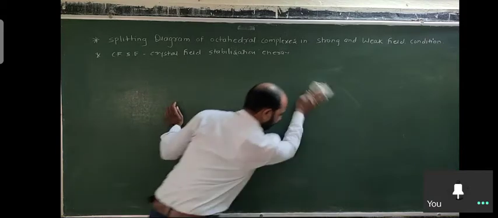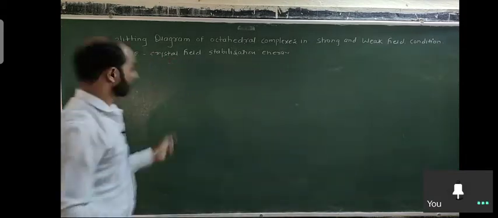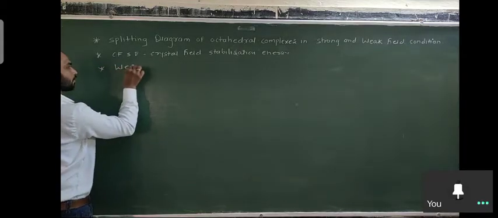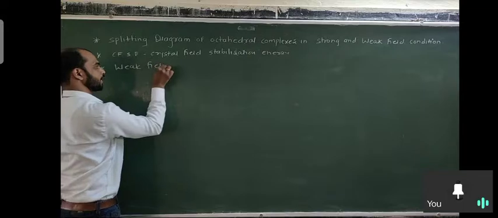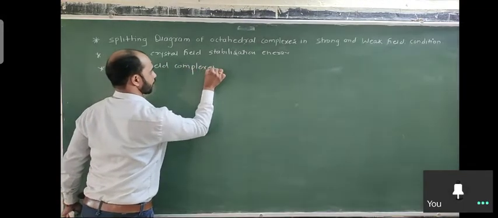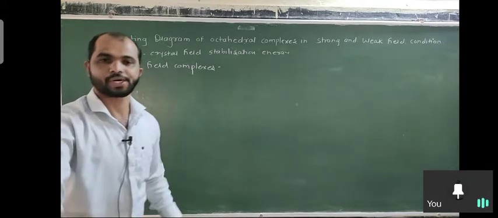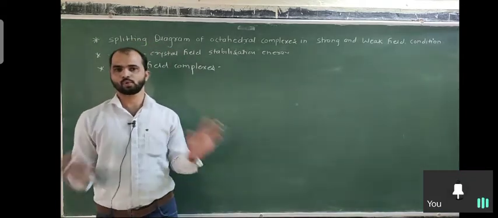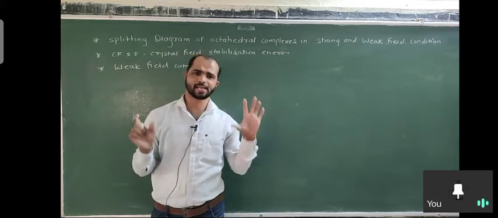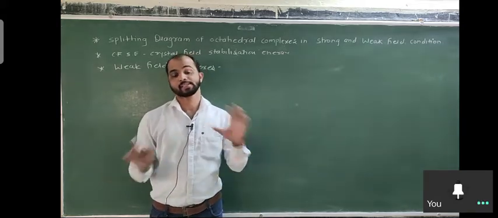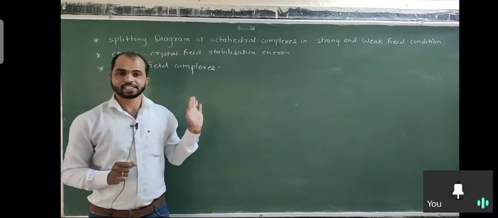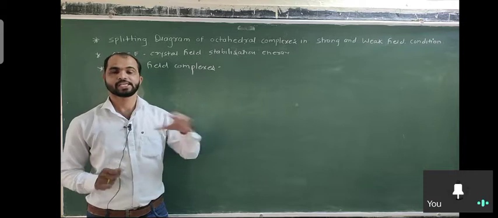So what is the condition in weak field complexes? For D1, D2 and D3, there is no difference between strong and weak field complexes, both having the same splitting, same CFSE. So we discuss from D4 to D7.